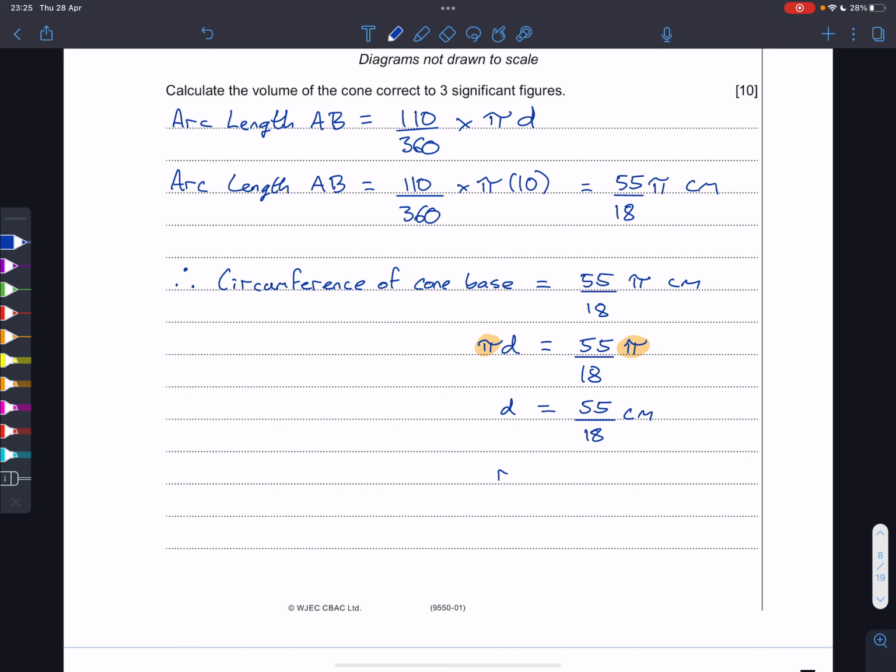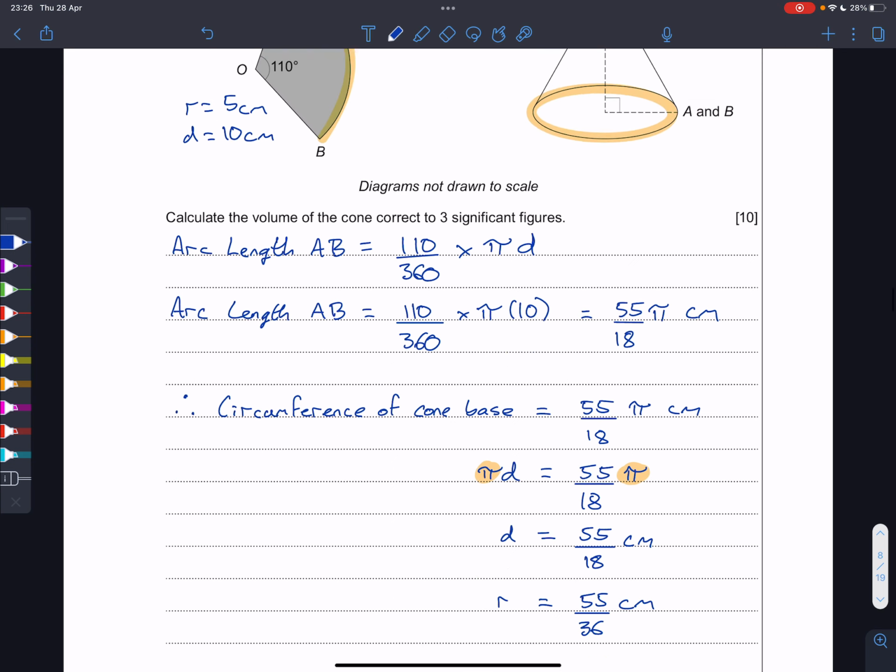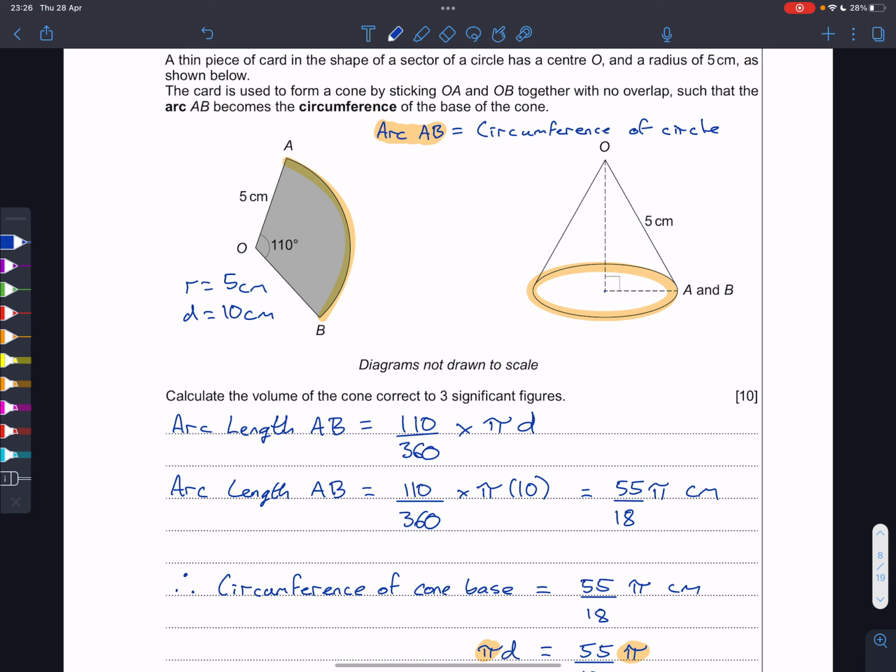And that means I can then find the radius. The radius is half the diameter, so I just divide that by 2, which is 55 over 36 centimetres. That doesn't give us a nice answer, so I'm going to stick with the fraction. So I now know that this length here was 55 over 36.